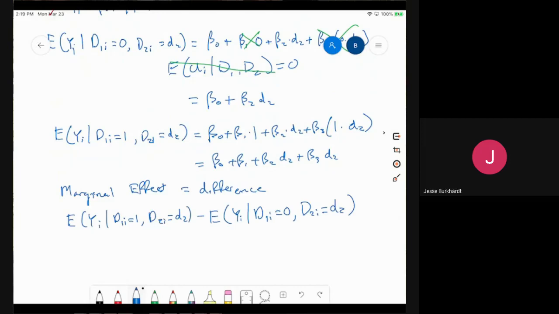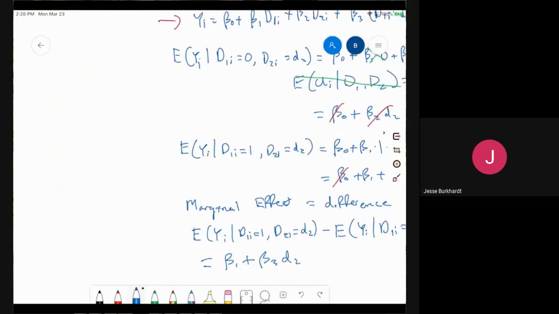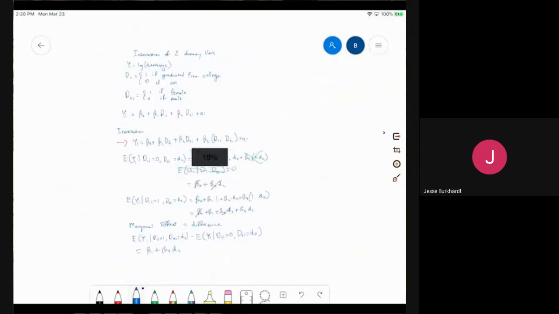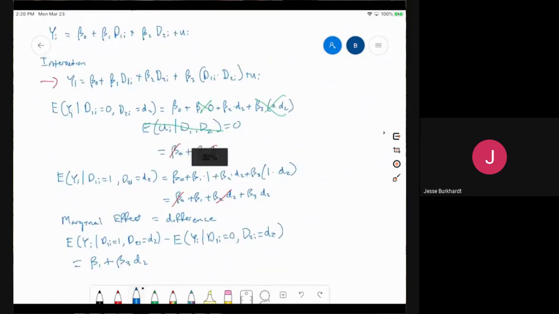Well, we subtract these two things so that we can cancel that, cancel that. We get beta 1 plus beta 3 d2. It turns out that it's the same thing as, did we have that? Nope, that was on the previous slide.